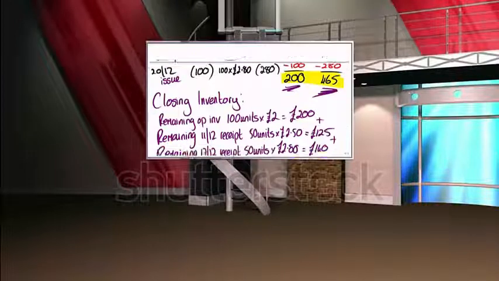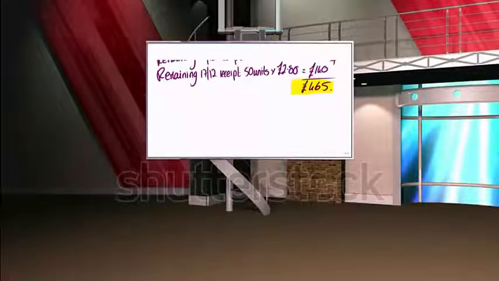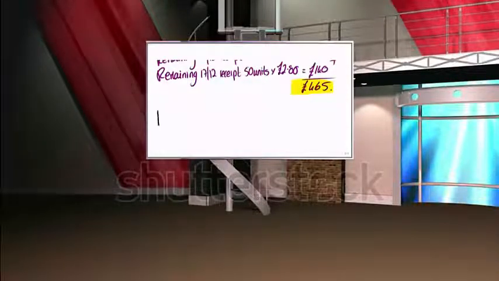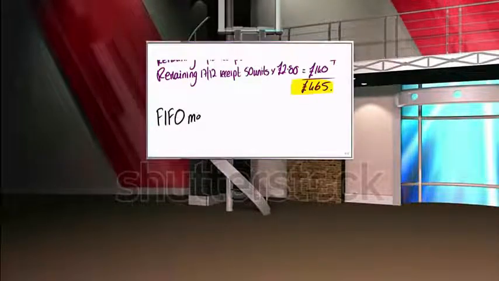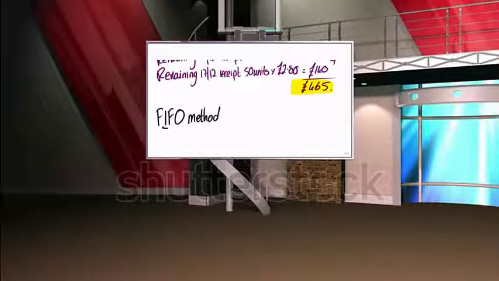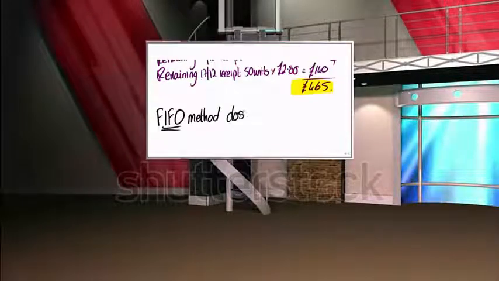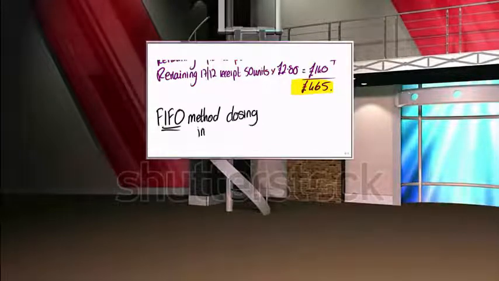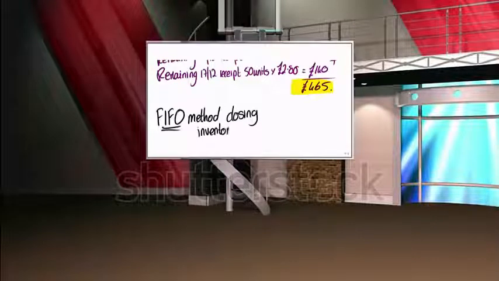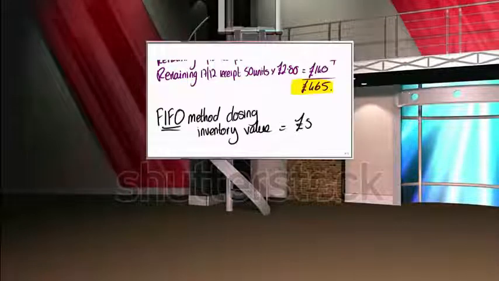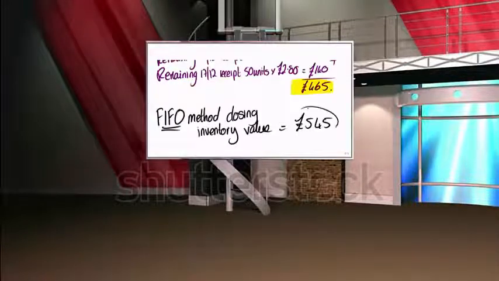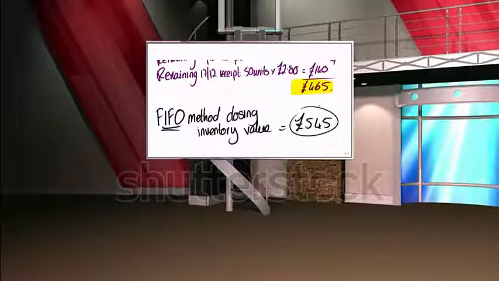Now, before we finish up, we just want to consider, from the last session we saw that when we applied the FIFO method, our closing inventory value was equal to £545.